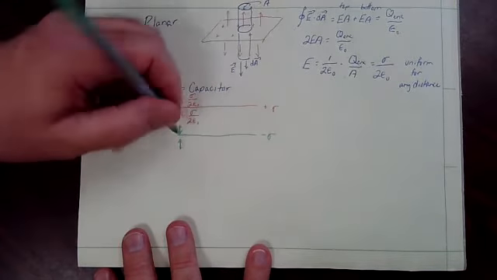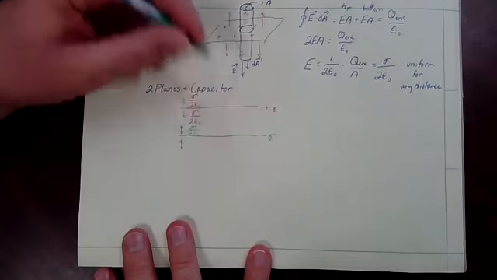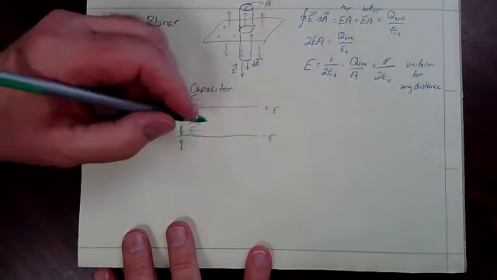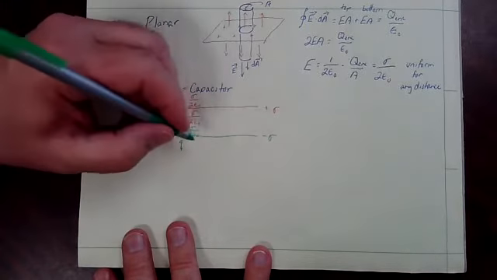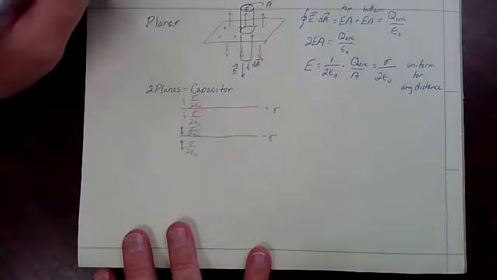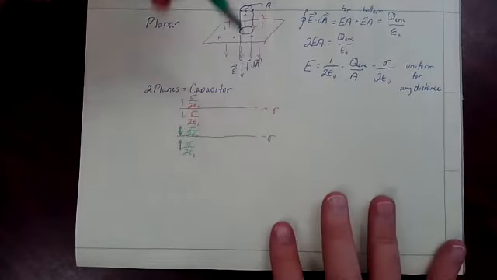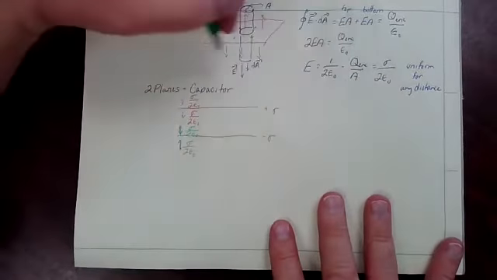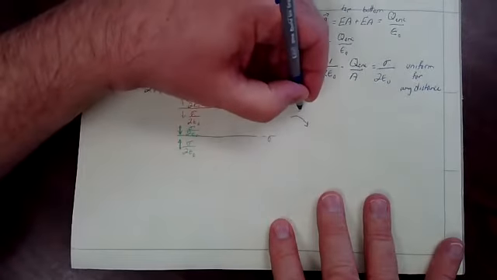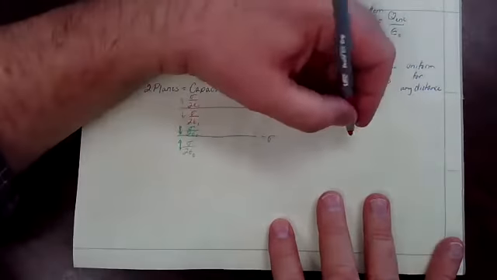Then we're going to have an inward field that's also sigma over 2 epsilon naught, and inward, which is up down here, is going to be sigma over 2 epsilon naught. Now I'm not really satisfied with this. I'm going to draw a little bit bigger just so we can settle that in. Let's enlarge it. We'll make the distances a little bit further apart.